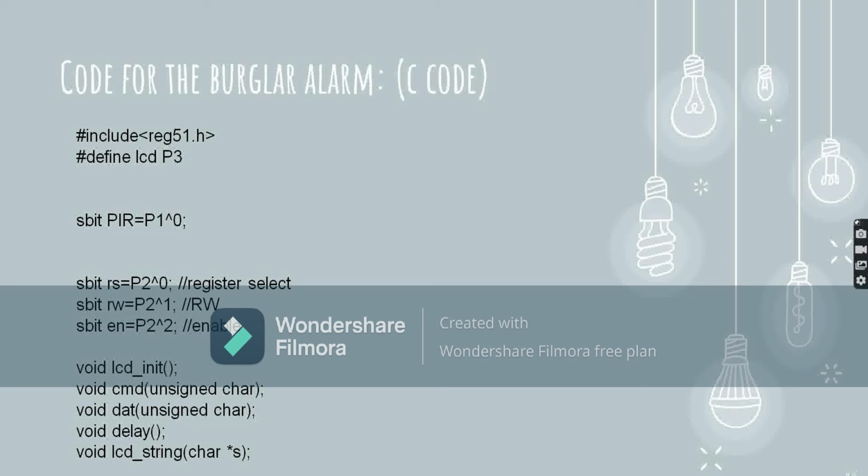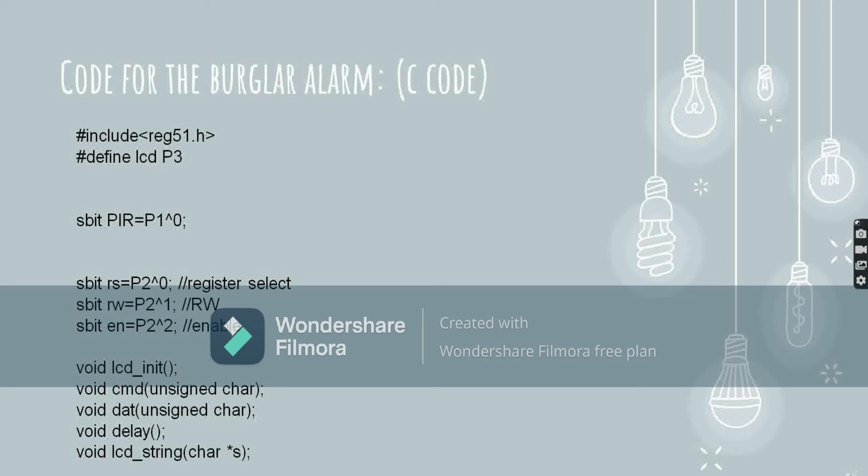Then we define the LCD with port 3 of the microcontroller. Now we are assigning the ports and pins for various components. First we register the PIR sensor. The sbit of the PIR sensor is placed at port 1, zeroth pin.